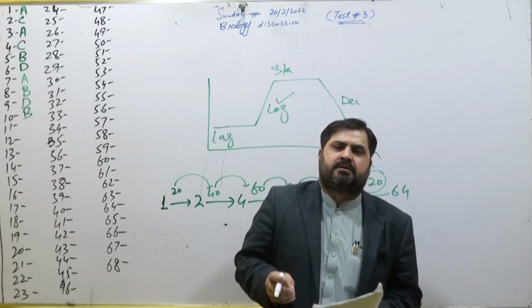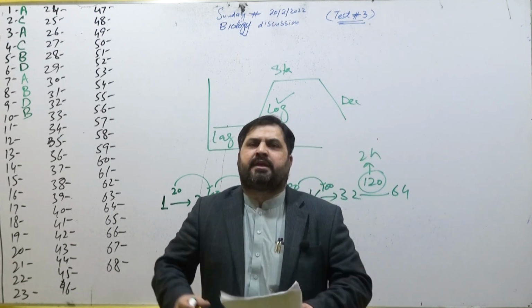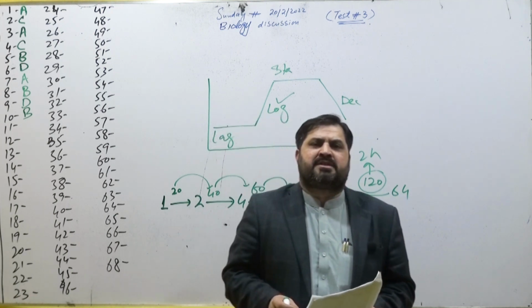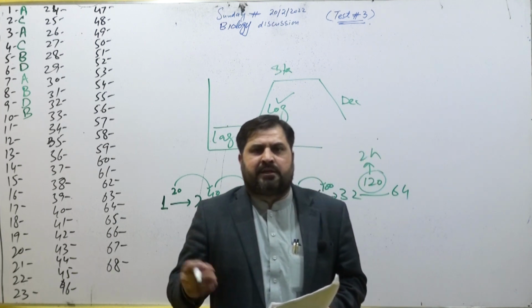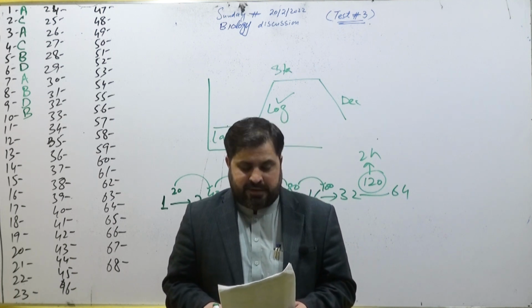This rice is given in those areas which have a deficiency of vitamin A, where most of the people have night blindness or other blindness issues. So that's why they use golden rice to overcome the deficiency of vitamin A.